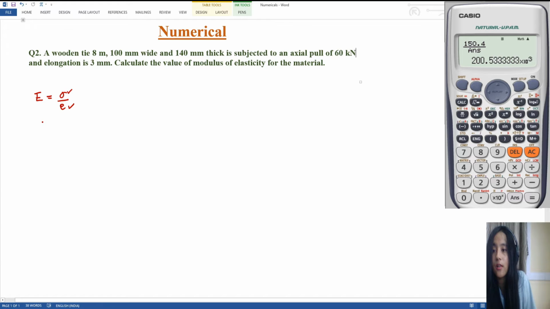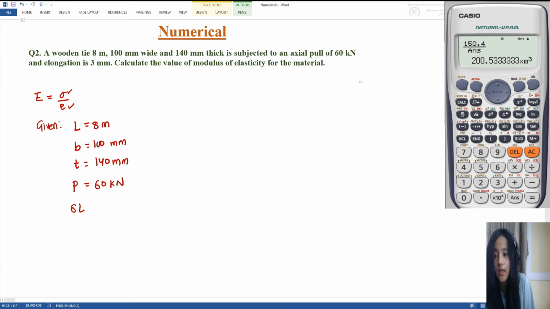So first let us write down what is given. Given from the question: wooden tie, its length L is given 8 meter, its width B is given 100 mm, and its thickness T is given 140 mm, and it is subjected to axial pull, P is given 60 kilonewton.